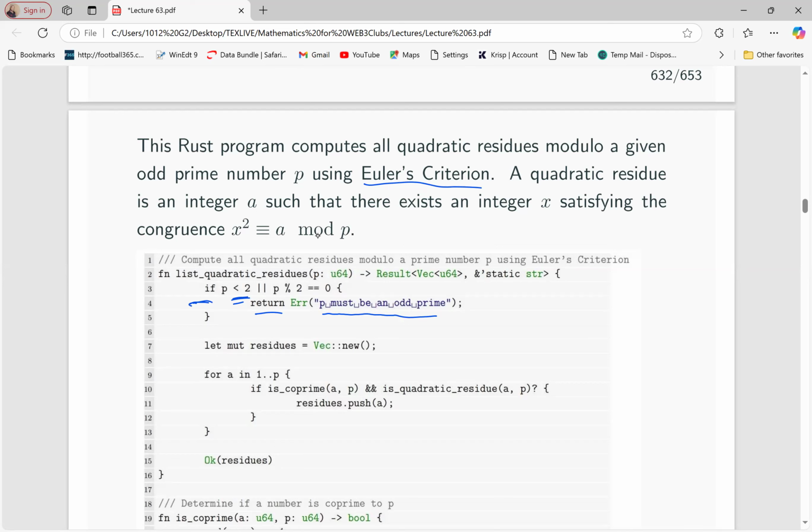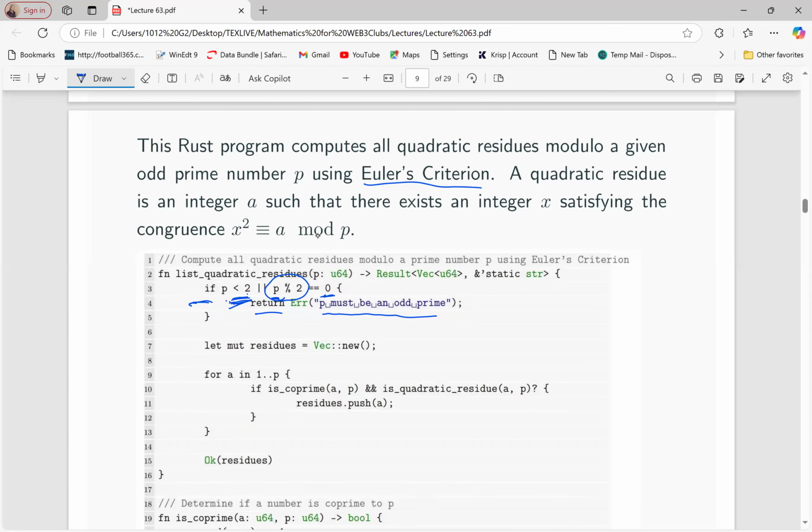In other words, if P is less than 2, or P on division by 2 gives a remainder of 0, then this code will signal there's a problem.